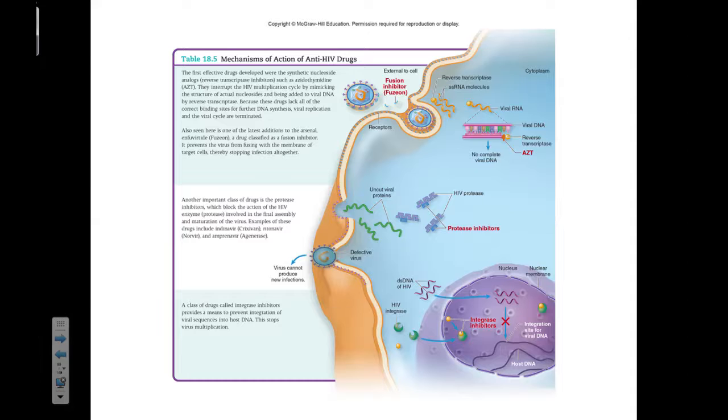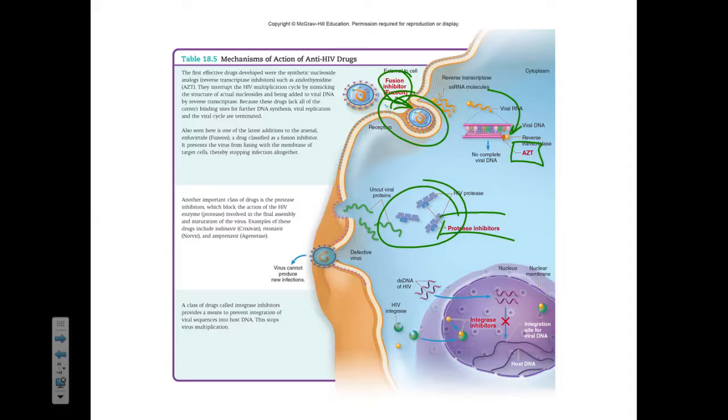If we were to look at some of the current drugs that are on the market, we have drugs that help prevent the virus from fusing with the cells. We have drugs that help prevent the virus from producing DNA. We have drugs that help prevent viral proteins from being processed by proteases. So we have fusion inhibitors, we have AZT, which is a reverse transcriptase inhibitor, we have protease inhibitors, and we also have the integrase inhibitor. This integrase inhibitor helps prevent the viral genome from being incorporated into the host cell's nuclear genome.